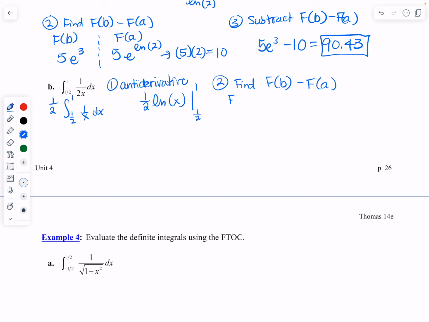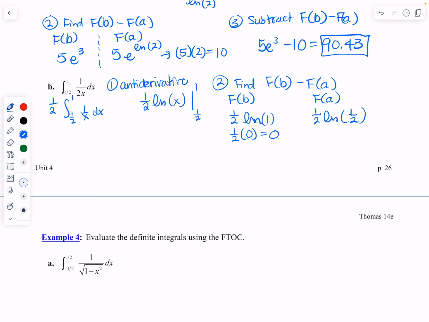Step 2, find F at b minus F at a. Okay, so I'm going to find F at b first. So I'm going to plug in the value of 1. So this is 1/2 ln of 1. And I don't know if you guys remember that ln of 1 is 0. So 1/2 times 0 equals 0. F at a, 1/2 ln of 1/2. Now we're going to get an actual value.